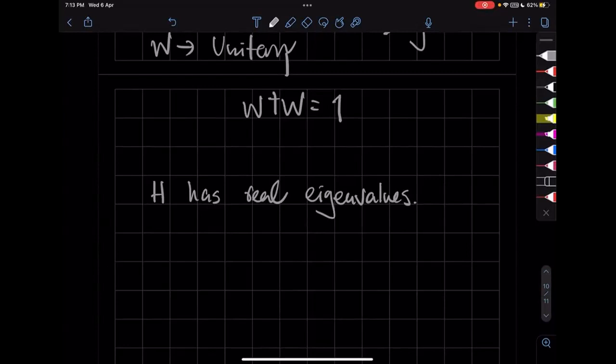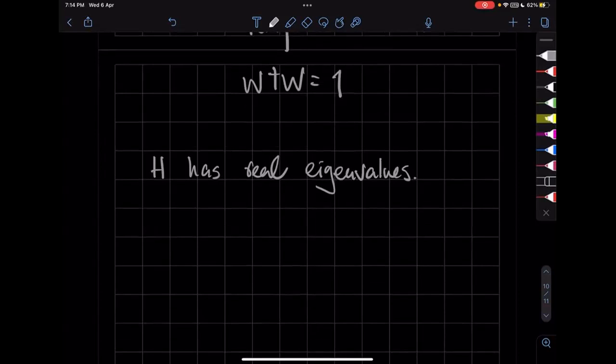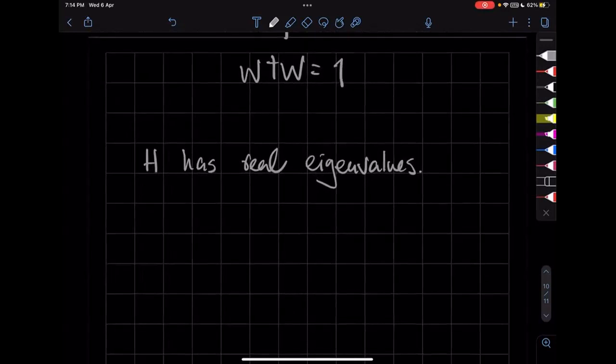Okay, so this is one of the most fundamental results of linear algebra. If you have a Hermitian matrix, its eigenvalues are real. Okay? That is one of the reasons that in quantum mechanics observables are these Hermitian operators. Therefore, when we do experiments, we get real numbers as a result. Okay. So H has real eigenvalues because it's Hermitian.